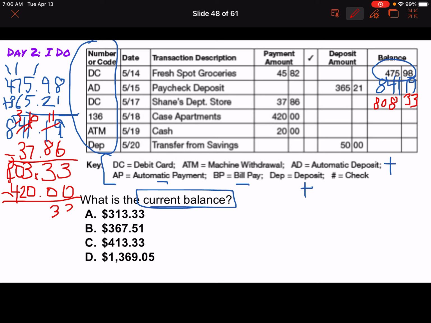Gives us $383.33. So based on all this, I know I can definitely cross off C and D. So it's either going to be A or B.